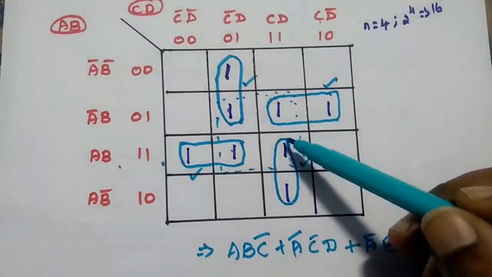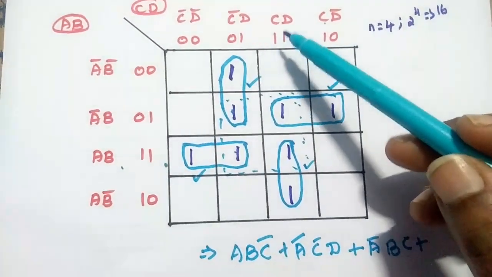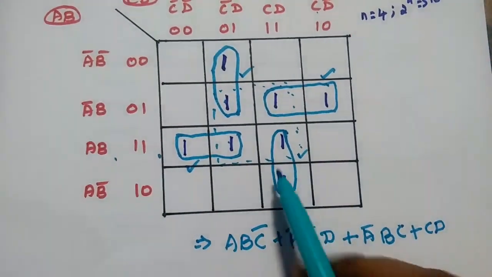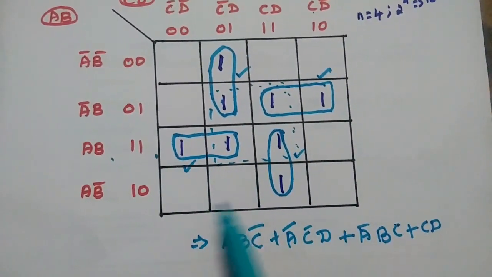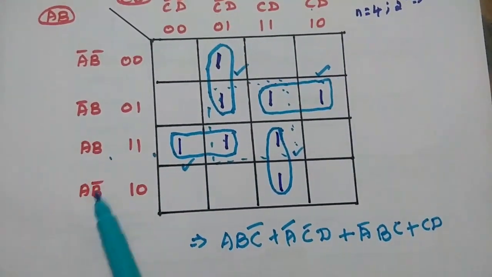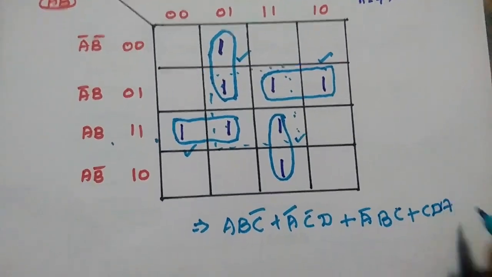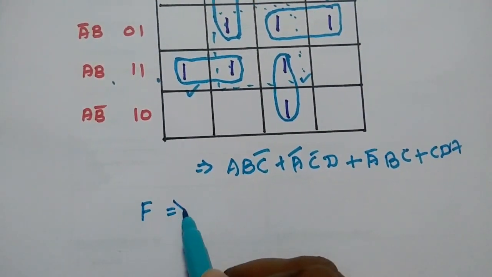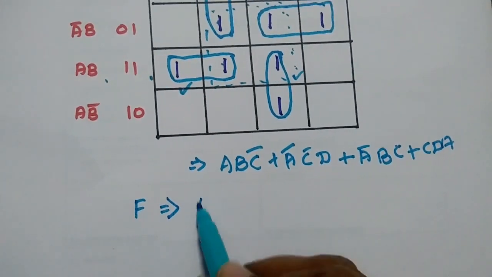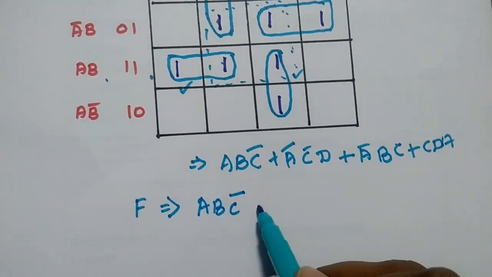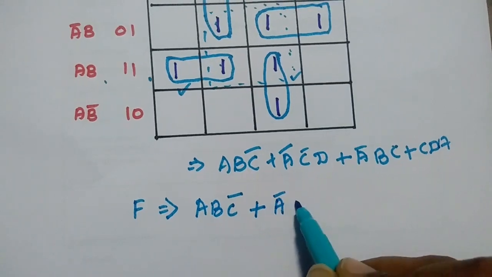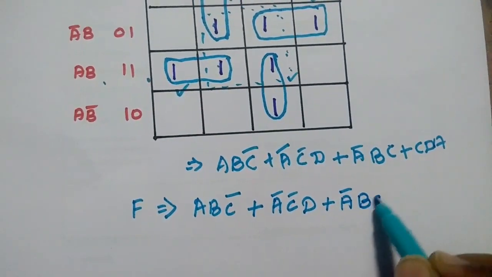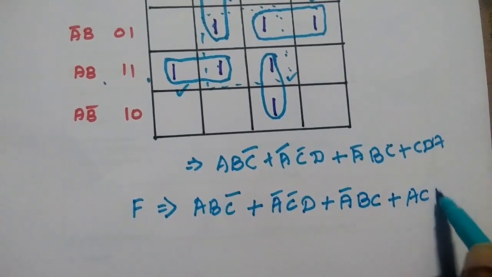For this group the common variables are C D. In this row we can take the common as A. So here it is A. So finally we can write the given Boolean expression as simplified: ABC bar plus A bar C bar D plus A bar BC plus ACD.